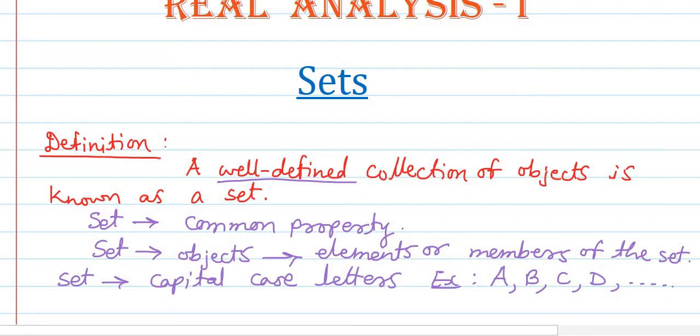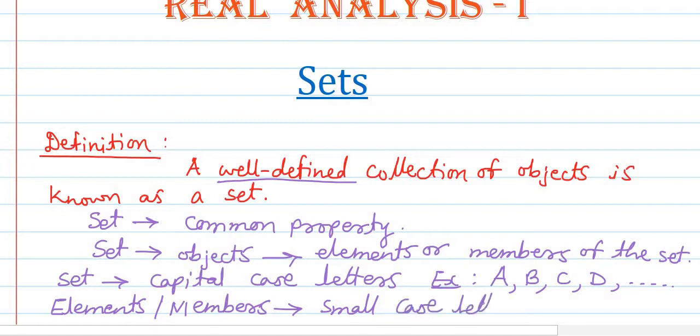Whereas objects which form the set, means the elements or members of the set, are denoted by small case letters such as a, b, c, d, and so on.